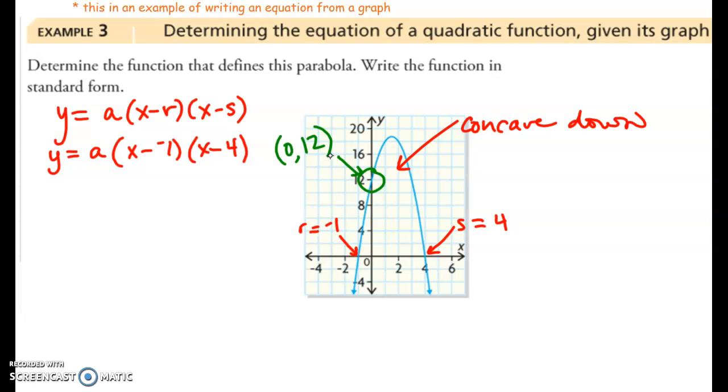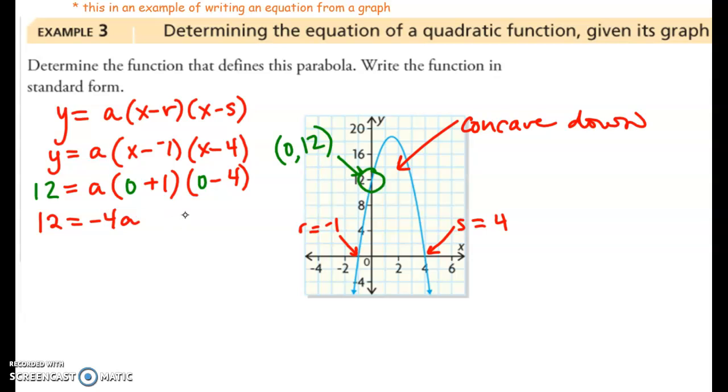Okay, now I know an x and a y. So let's plug these in. y, let's use, is 12 equals a, and x in this case is 0, plus 1. We know negative and negative turns out to positive. And then the x is 0 and minus 4. Okay, now we can solve this. So 12 equals, now this is 1 multiplied by negative 4, so we have negative 4a.